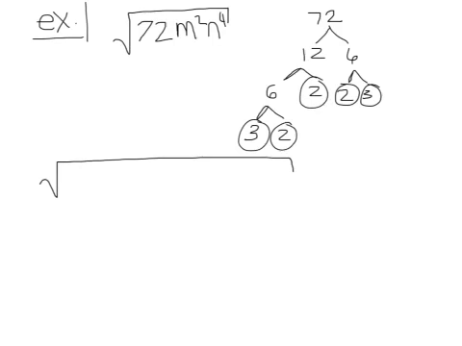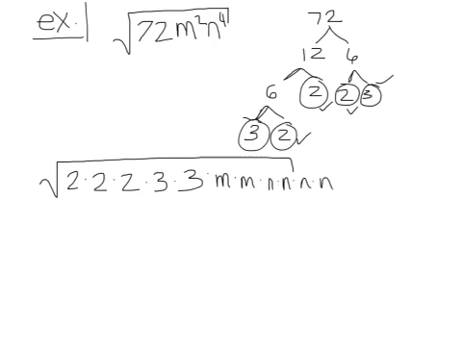So again, you can clearly see what's happening. So I'm going to pair my 2's. So I have 3 2's, and I have 2 3's. And then we have m squared, which is simply m times m. And we have n to the 4th, which is n times n times n times n.